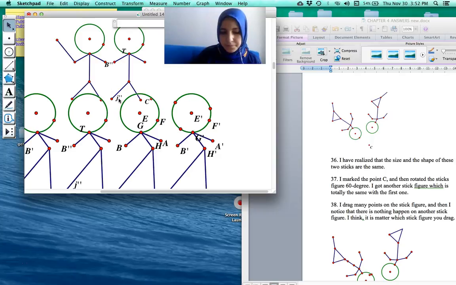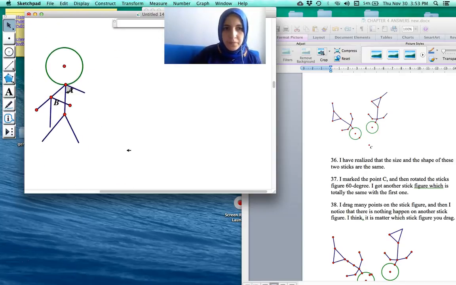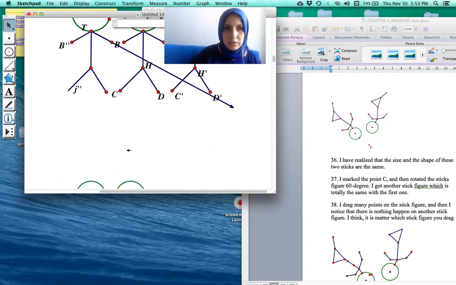Question 12. Use the arrow tool to drag the head of the vector points A. What else moves?